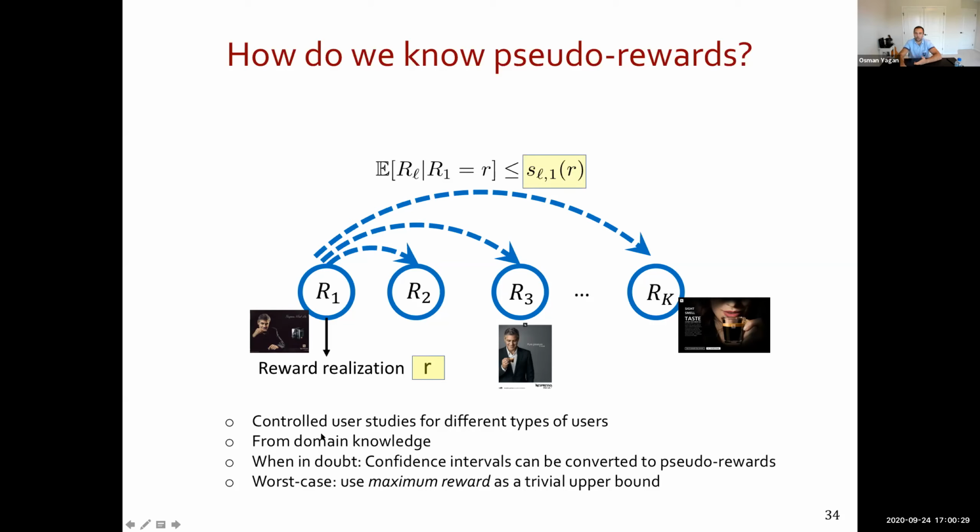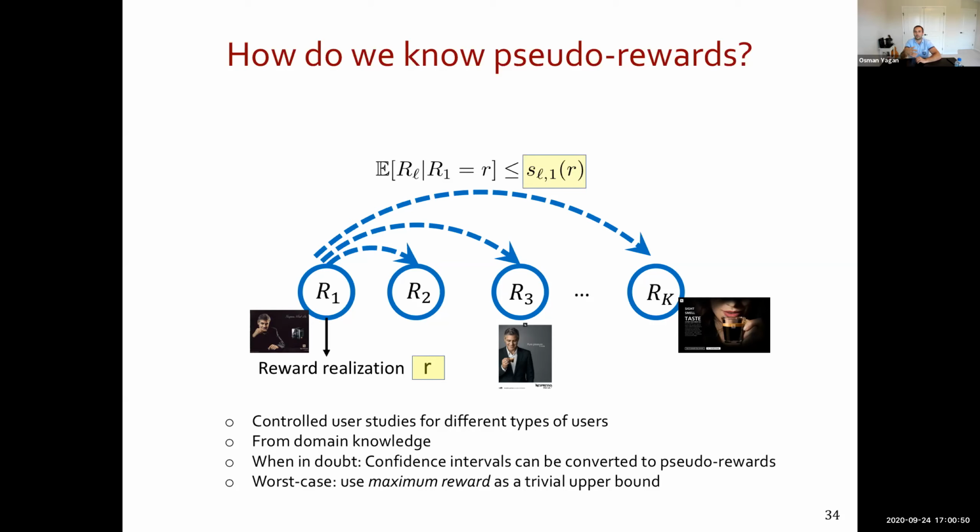You could do a controlled user study again, bring people in and show them multiple options and try to learn these correlations. And the good thing here is that as long as the rewards have a natural upper bound to them, let's say if the reward is the click probability, the natural upper bound would be 1.